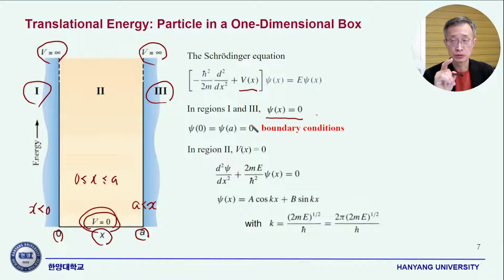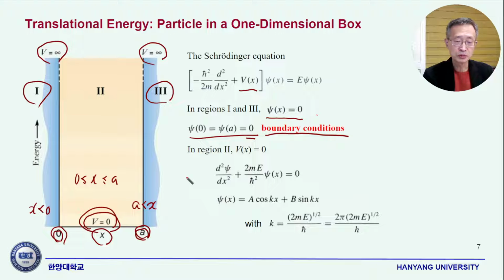The wave function, the state function, must be continuous. So when x equals 0 and when x equals a, it must be 0. This is what we call the boundary condition.